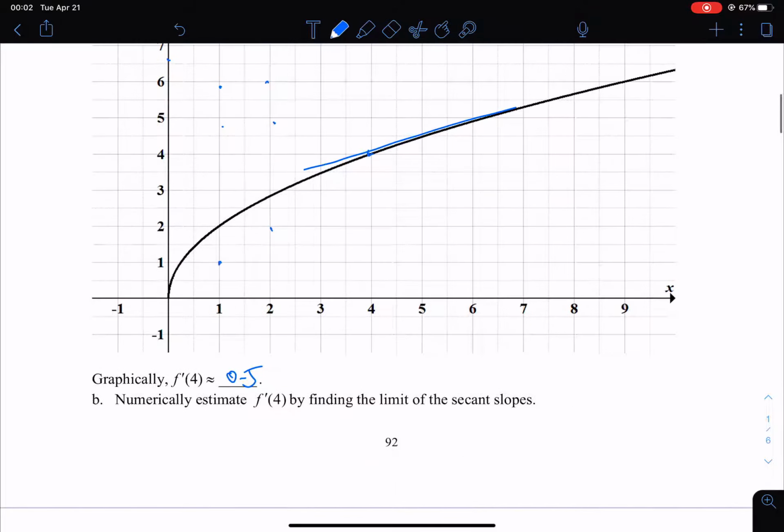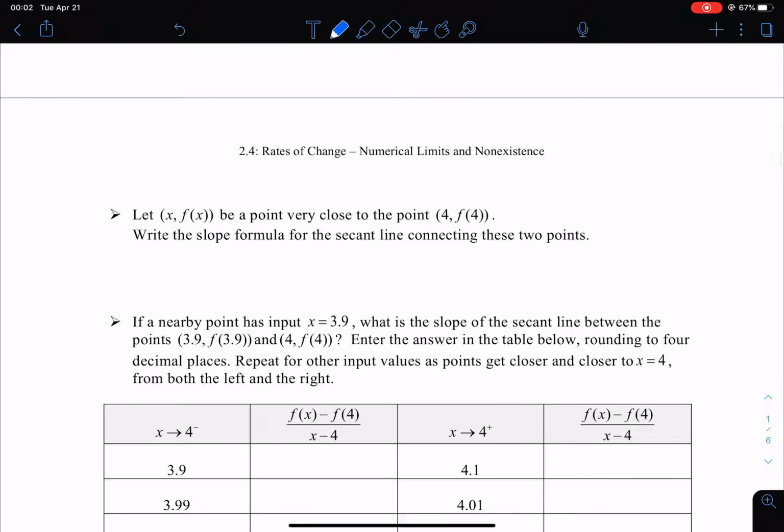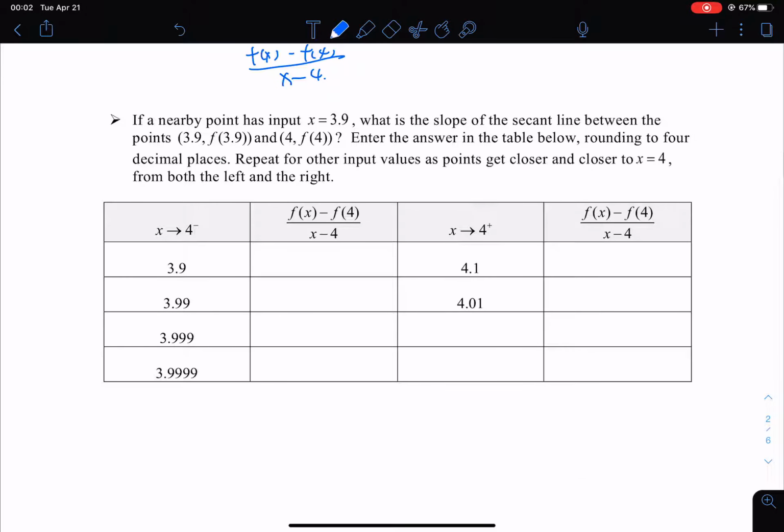And example B is numerically estimate. This shows you the derivative at 2 points is just f of x minus f of 4 divided by x minus 4. You can see here we are given this table. In the first column, the value of x approaches 4 from the left side, 3.99.